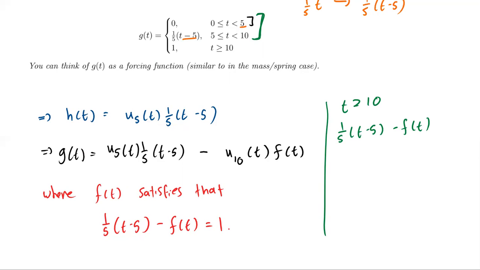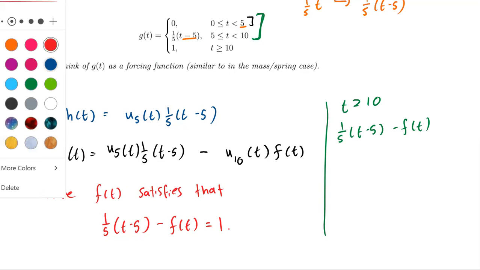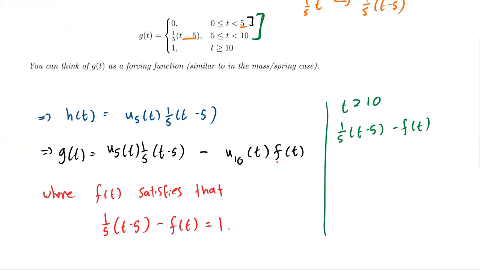So that's how we can control what's going on. By adding more terms, in particular step functions with a parameter that we're going to solve for eventually, this parameter is going to be controlling what we want our function g of t to be in this particular interval. And that's the idea.